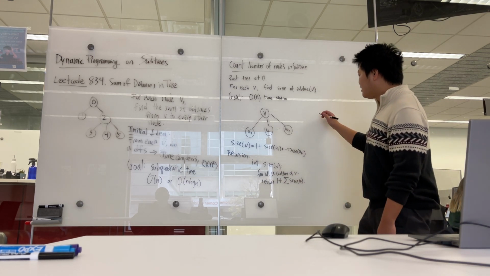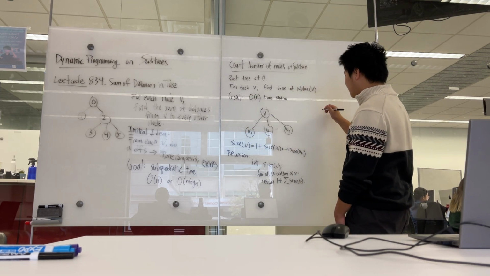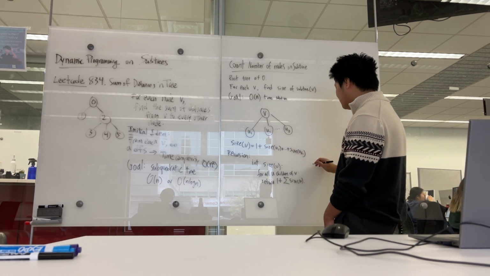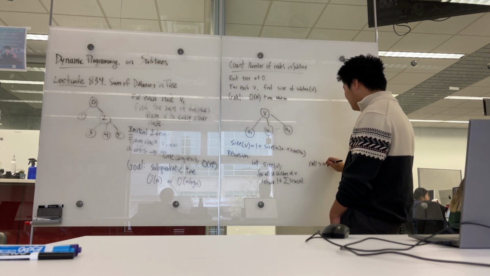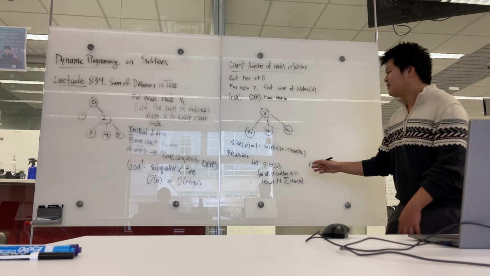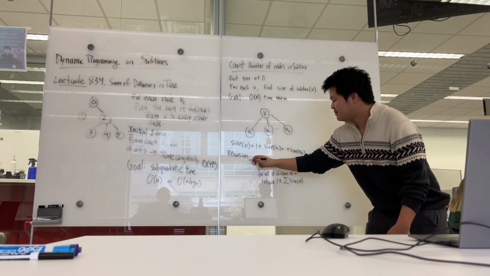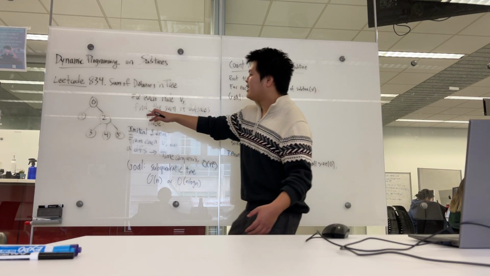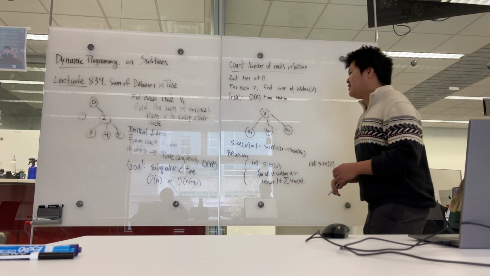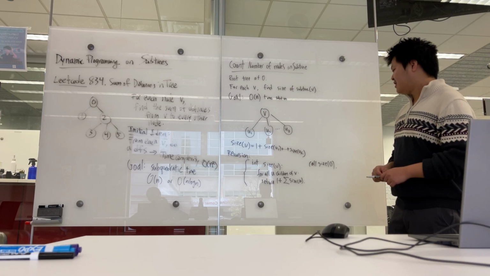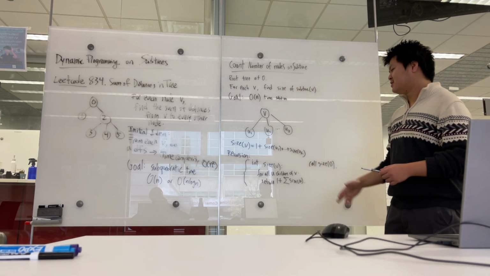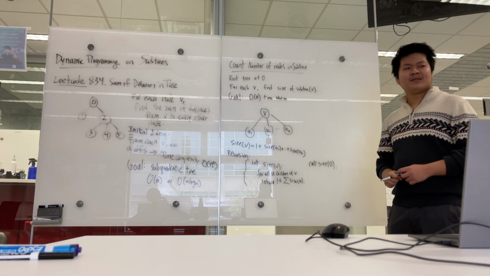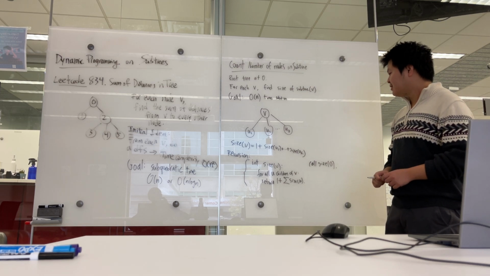Okay, so suppose I called the root. So let's say I called size 0. What would be the runtime of just this simple recursive algorithm? So I call size of 0, and it recursively computes it.